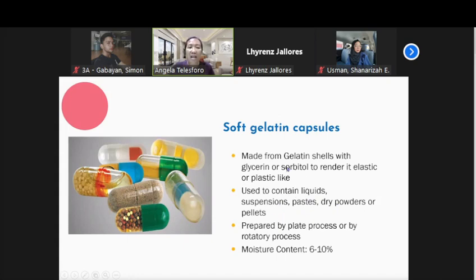Especially liquids like vitamins. Your vitamin E and your vitamin A are in a soft gelatin capsule. It is prepared by the rotary process. And the moisture content is 6 to 10. No?